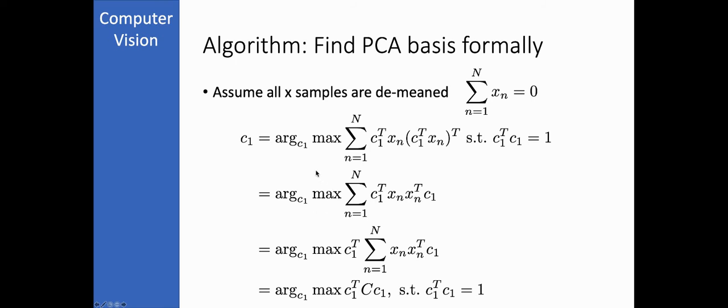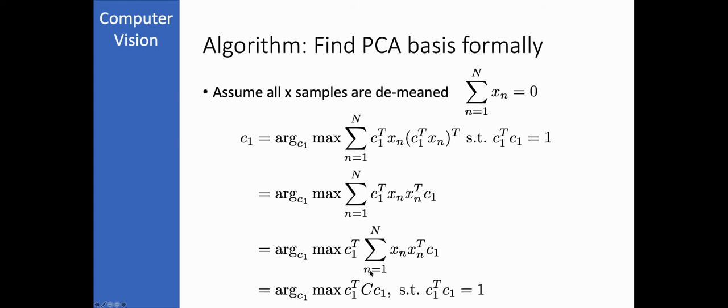Now, if I do the maximization, let's keep the constraint at the side for a second. I can write this simply as, transpose will change this such that this summand will be C1 transpose times xn transpose times C1. Since C1 does not depend on n, it can get out of the summation.